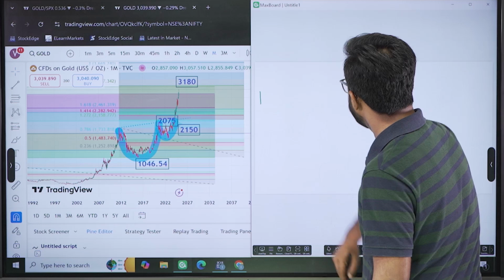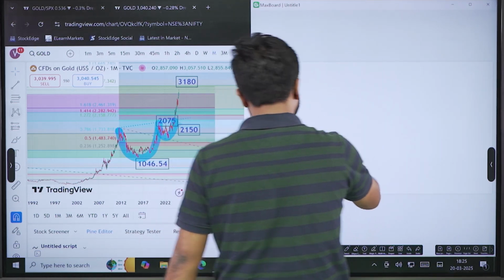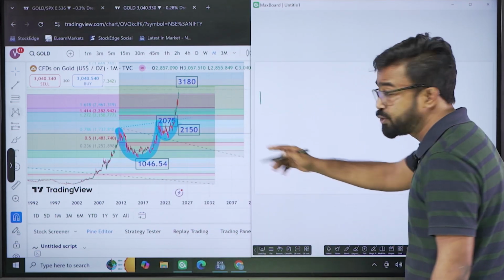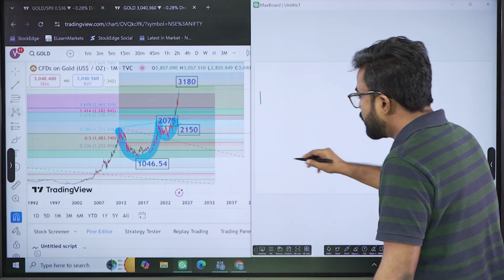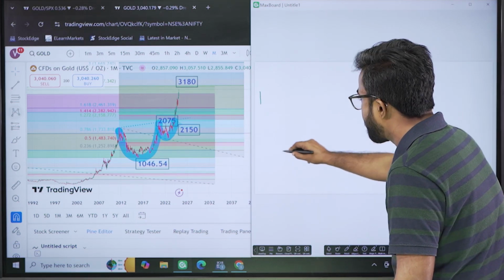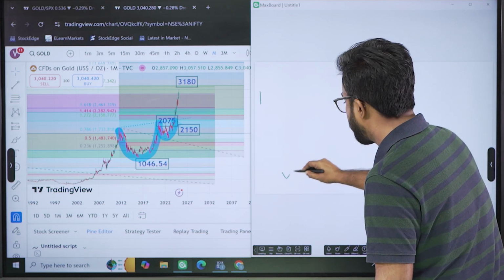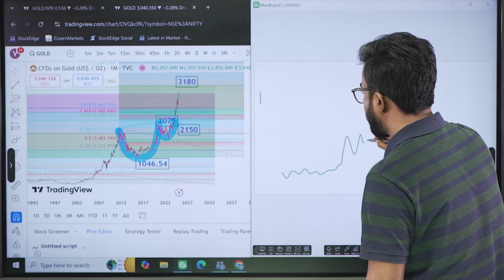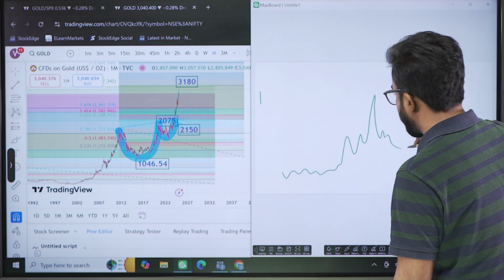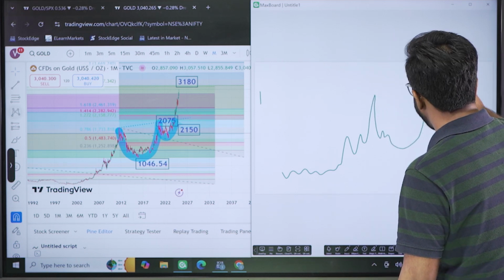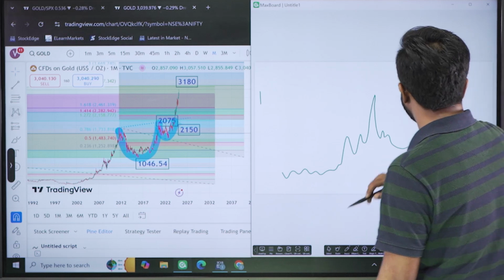So I am also drawing another cup and handle pattern like this one which we have in gold chart. So it looks like something like this.